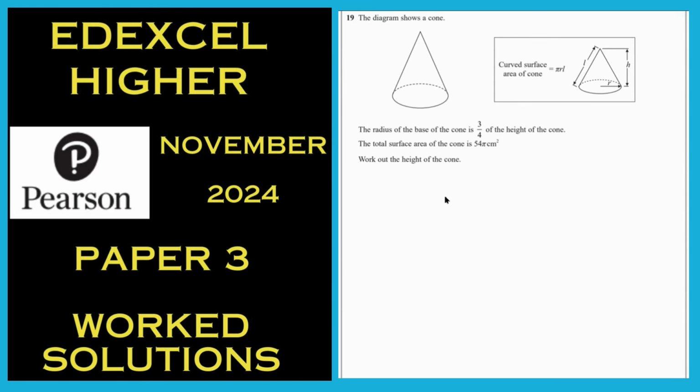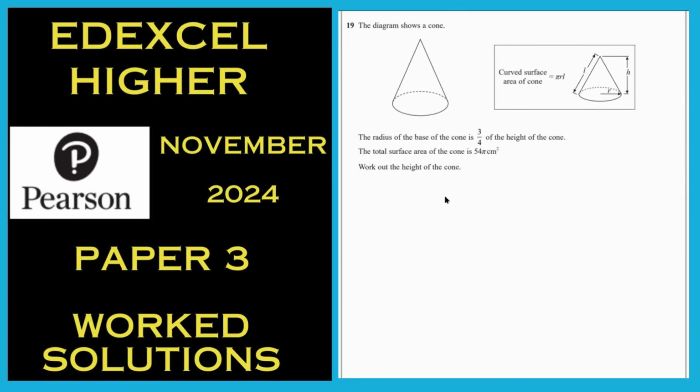Number 19, one of these equations where it feels like you don't have enough numbers to work it out. But don't worry, you absolutely do. My advice with these questions, as always, just track on. Just track on as if they've told you the radius and the height, just with letters instead of numbers.